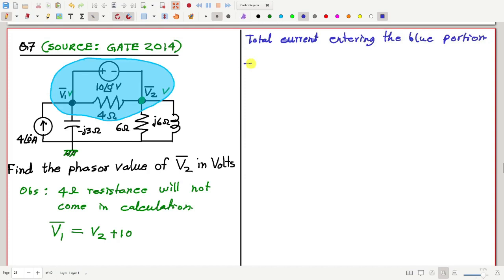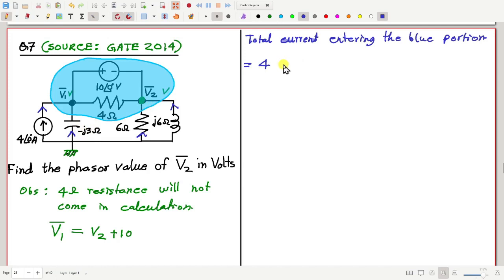No, let me do this branch-wise. This branch, then this branch, and then this branch, and then we can add them all together. The first branch has 4 ampere entering.